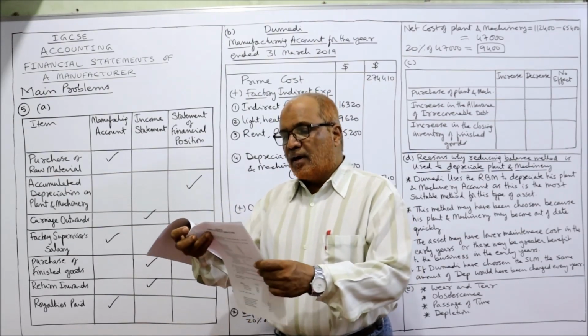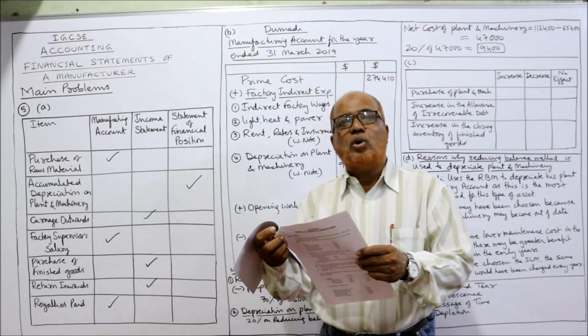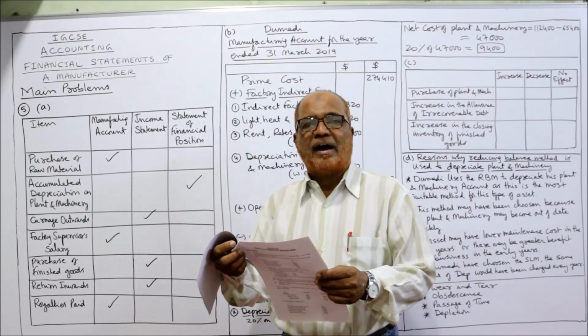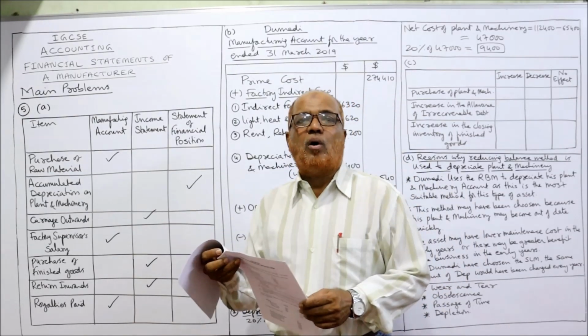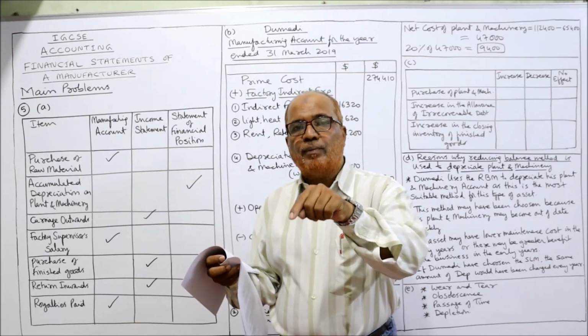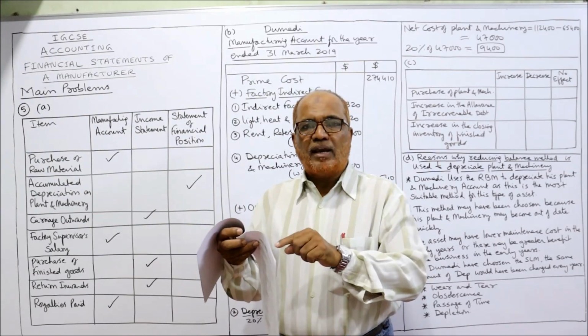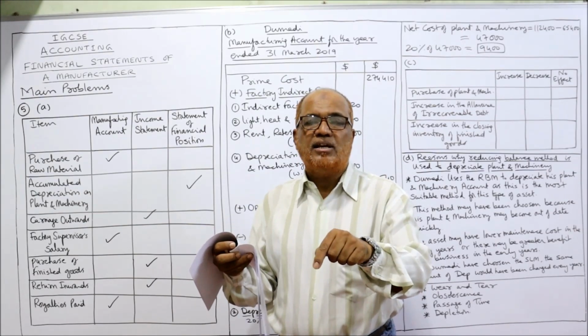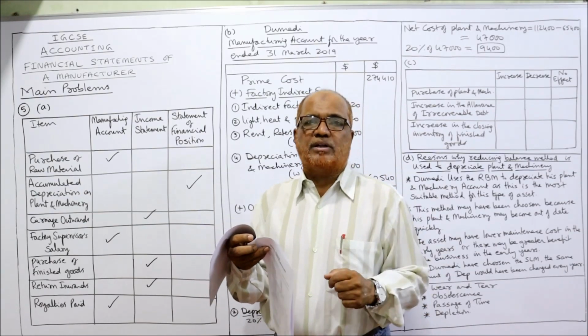Next page, rent rates and insurance are apportioned 70% to the factory and 30% to the office. Factory rent will go to manufacturing account, whereas office rent rates and insurance will go to income statement.